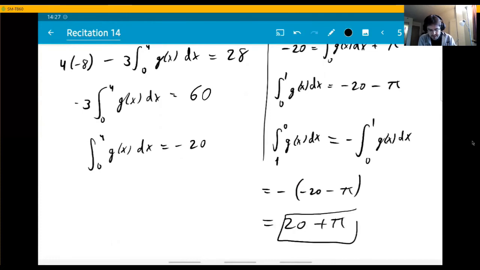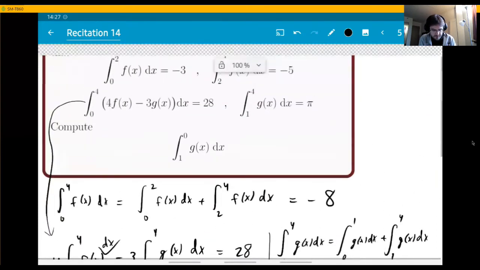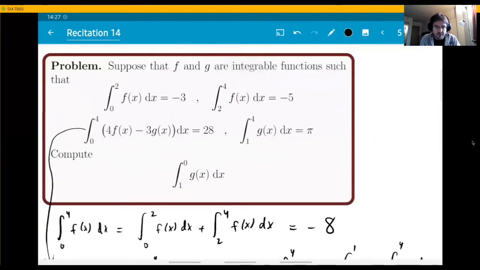Should be the final answer. Okay, so just using properties of how to sum and how to combine integrals over different intervals. Just be careful about the order. Moving on.